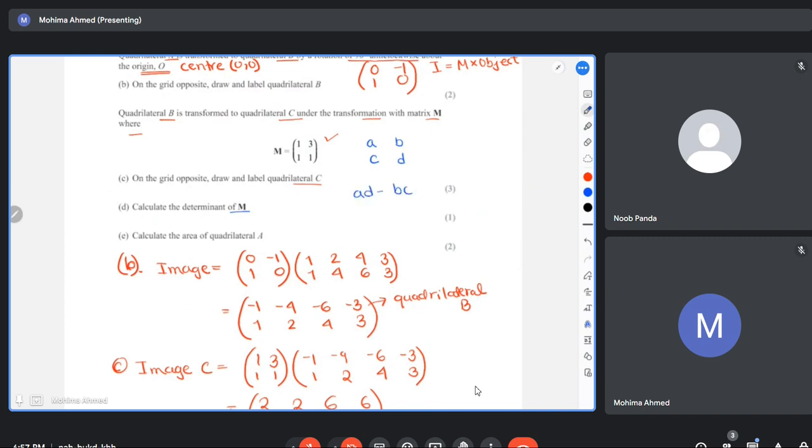Okay, that's just it. According to your maths, the value for A was 1, D was 1, B was 3, C was 1, which is basically 1 minus 3, that is minus 2. So you can write this as determinant of M. Right? Det bracket M will give you the determinant of M.